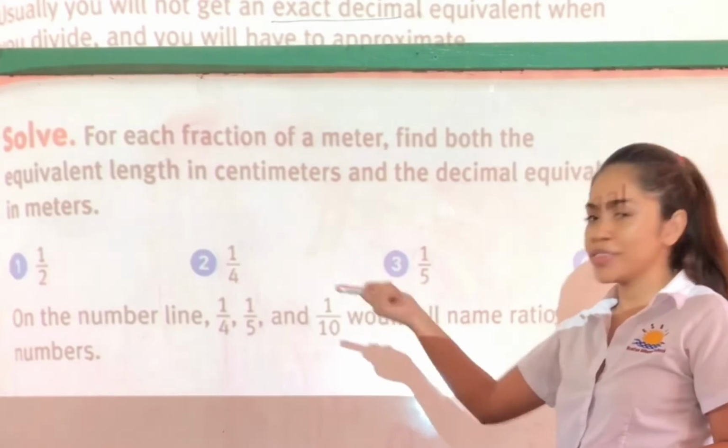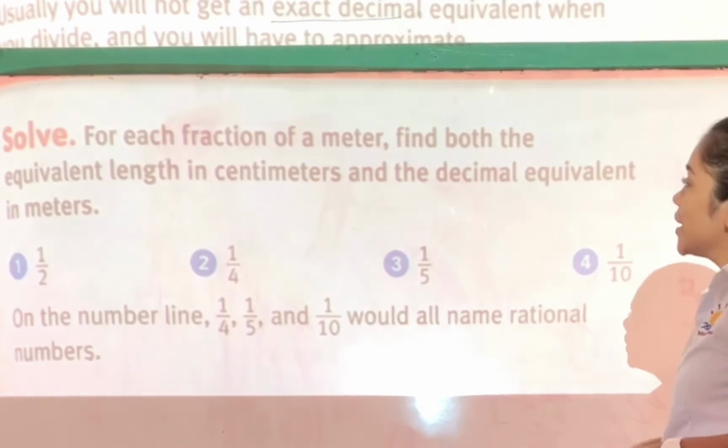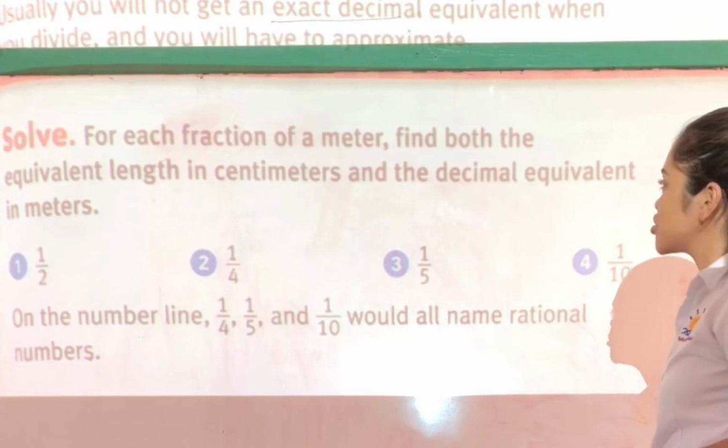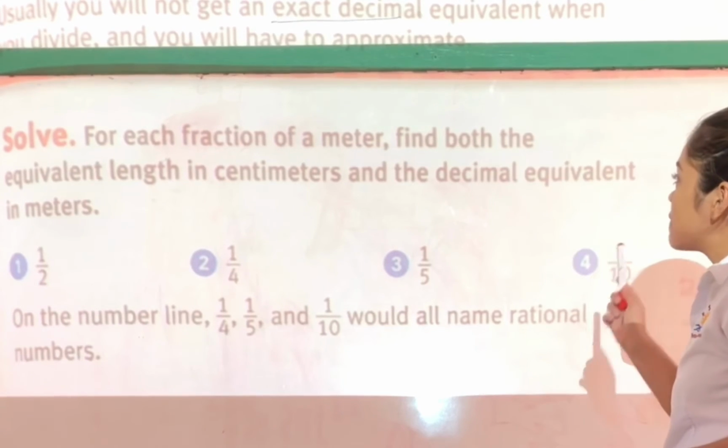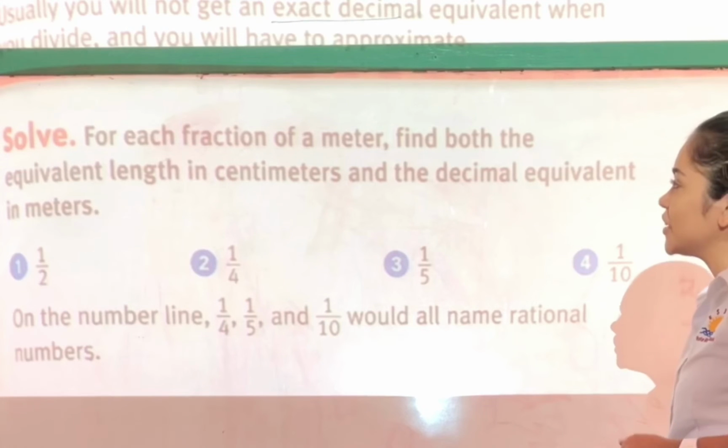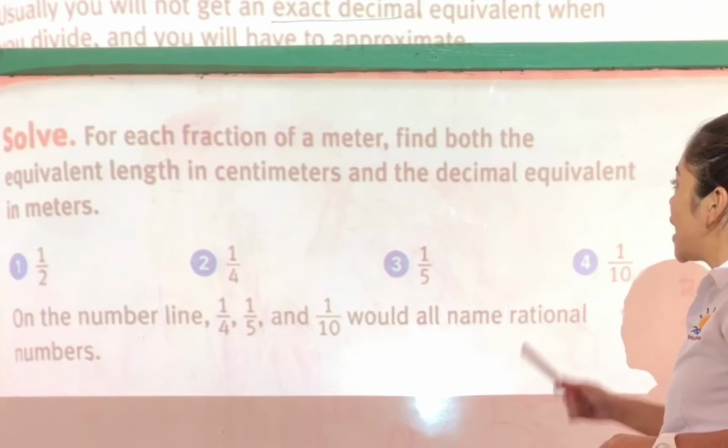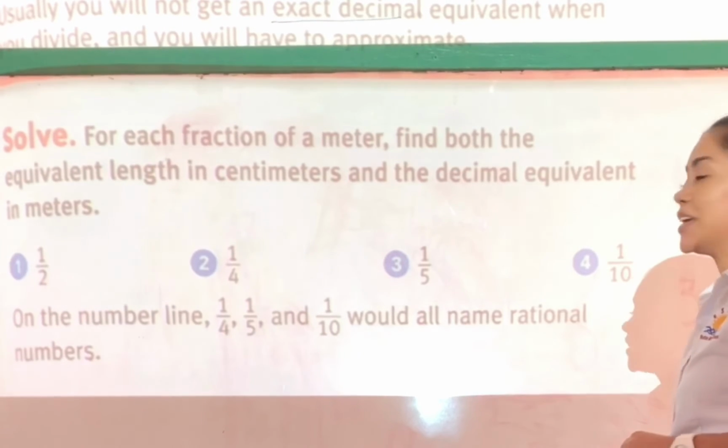Let's start with these 4 exercises. It says, for each fraction of a meter, find both the equivalent length in centimeters and the decimal equivalent in meters.